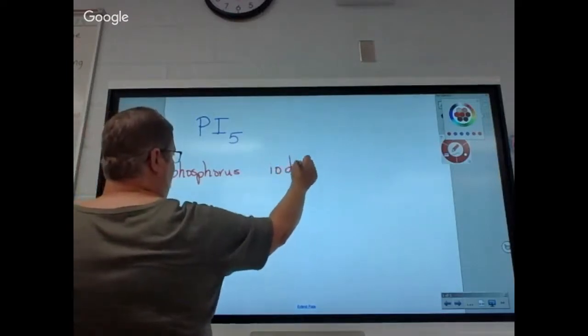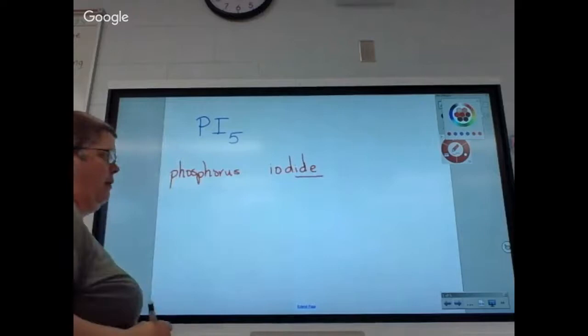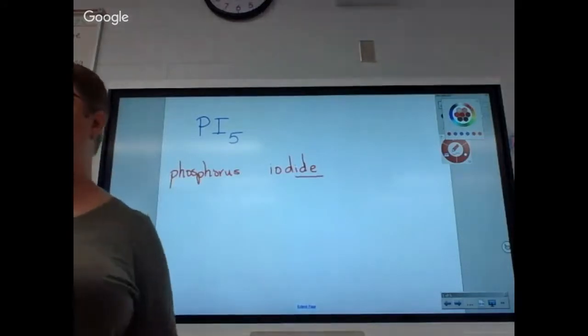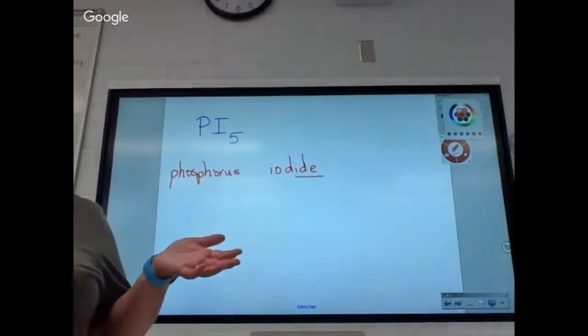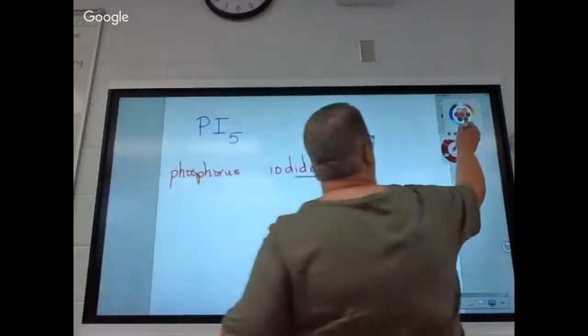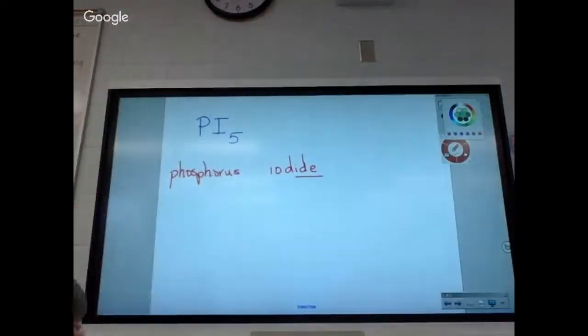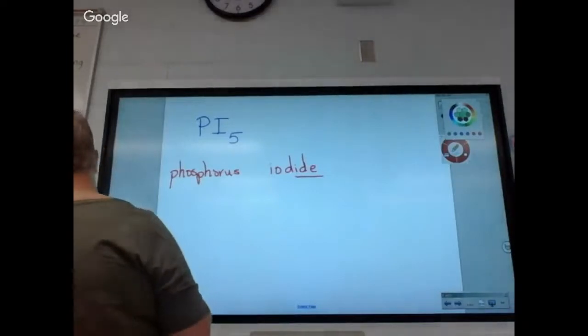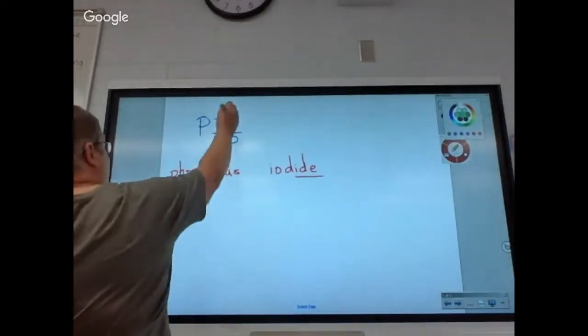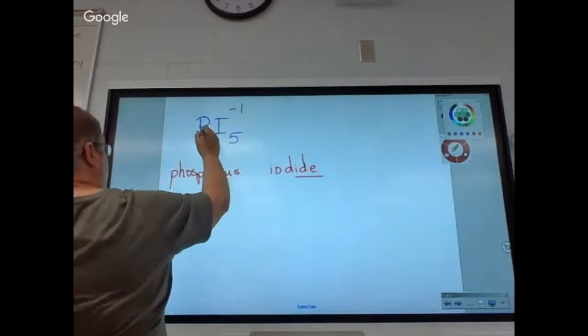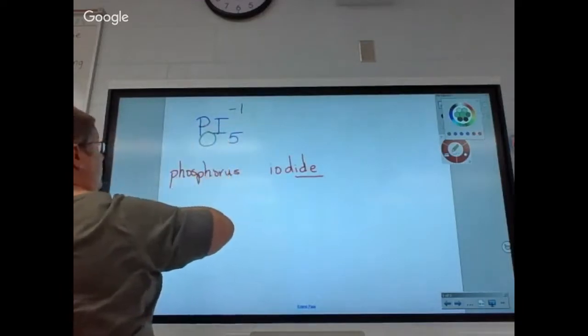All right, and we added IDE because it's binary, right? Now, how do we decide if it was reduced? Well, what is iodine's oxidation number? -1. What number is right there?